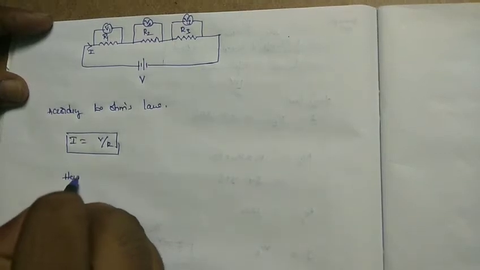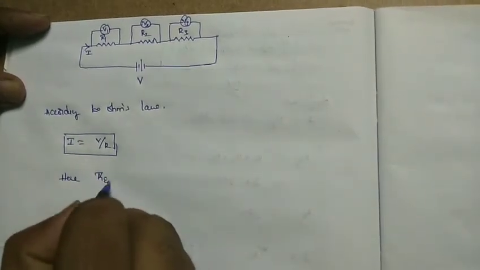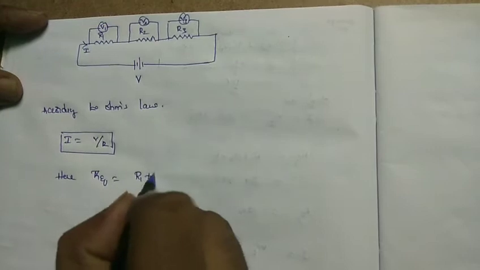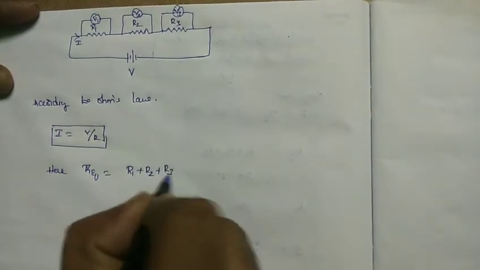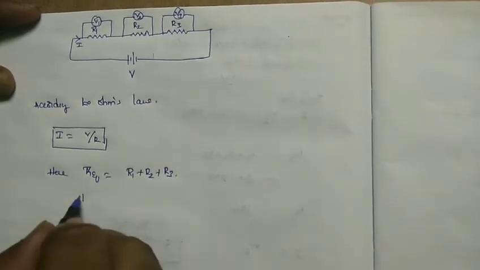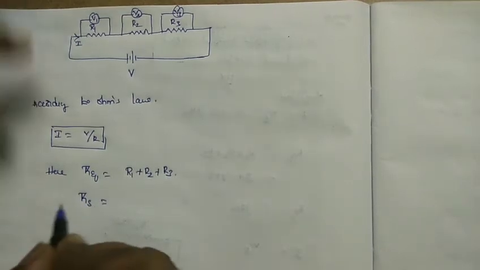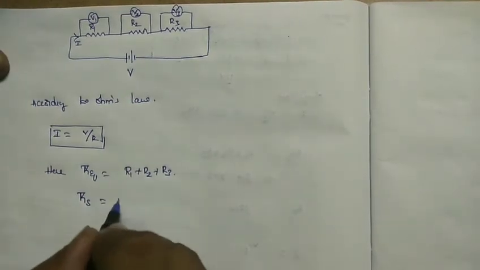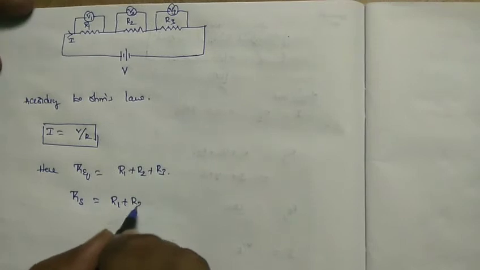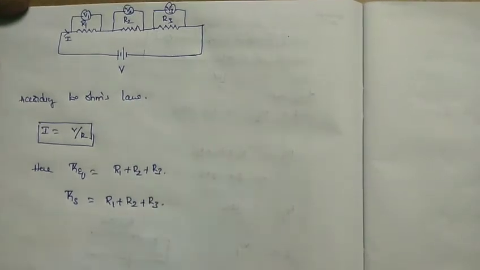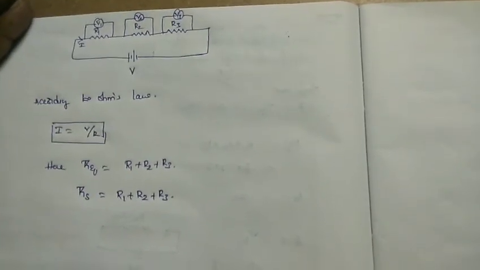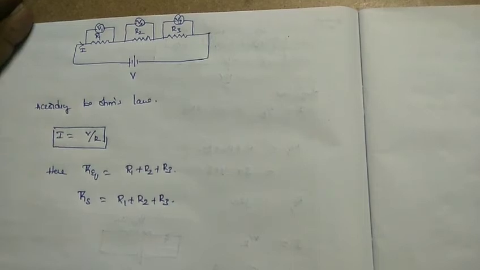Here R equivalent is equal to R1 plus R2 plus R3. That means series resistance RS is equal to R1 plus R2 plus R3. Then we have to find the potential difference across R1, R2, R3.